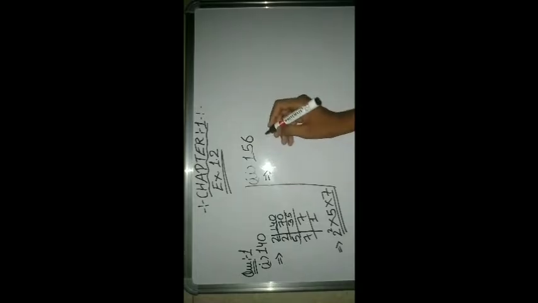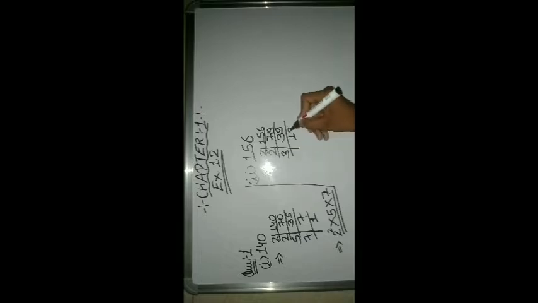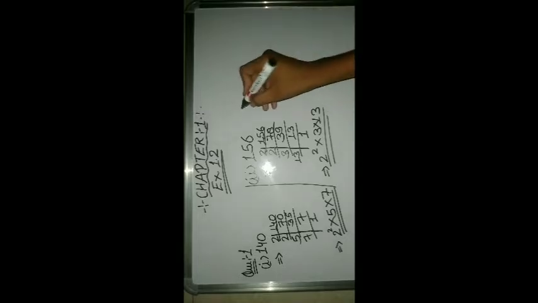We also find the prime factors of this number. 156 is divisible by 2, so the answer comes 78, and 78 can also be divided by 2, so it comes 39, and 39 can be divided by 3, so it is 13, and 13 divided by 13 is equal to 1. So the factors of 156 are 2 into 2 into 3 into 13, which can also be written as 2 to the power 2 into 3 into 13.